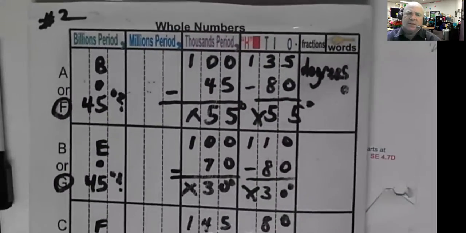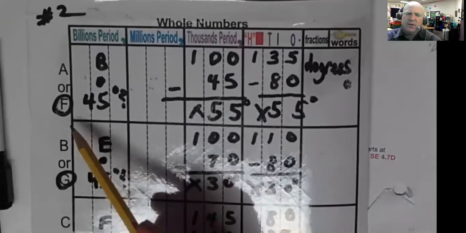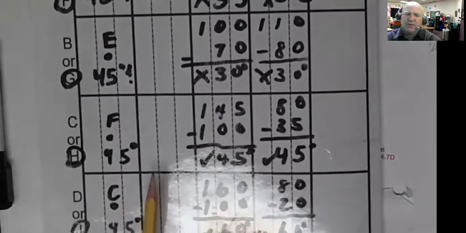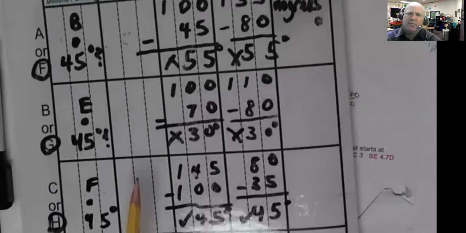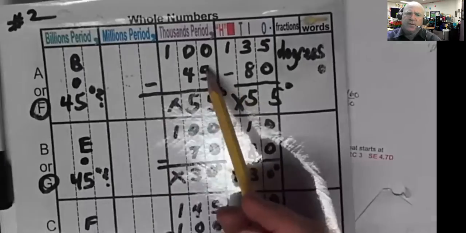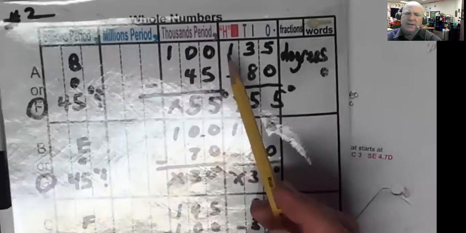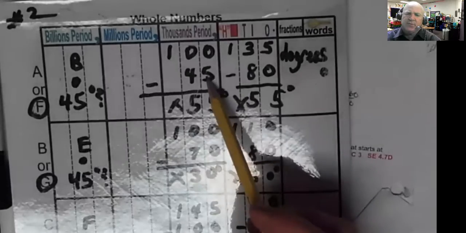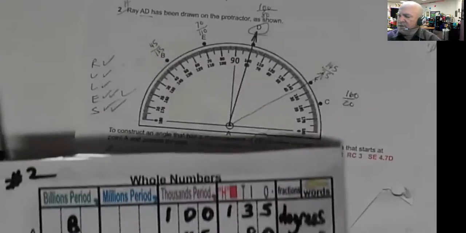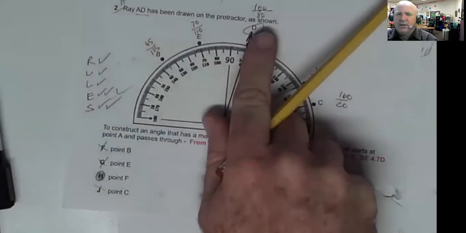So here we have it set up. Letter F, we're doing guessing and checking. What we're looking for is the one that has the measurement of 45 degrees. So whenever you're comparing two numbers, you subtract. So letter B was at 45 and 135, because we know that D was 180.